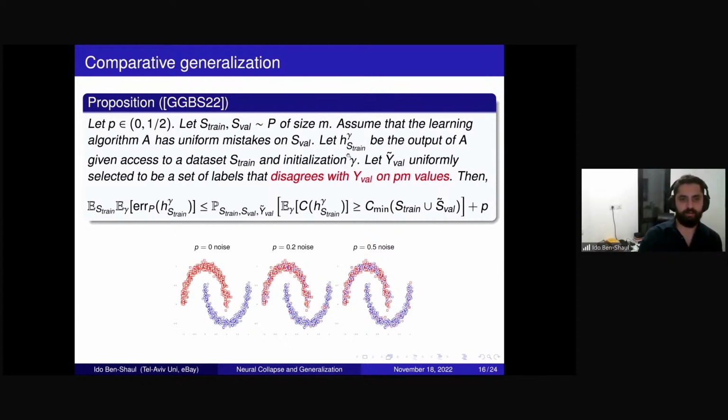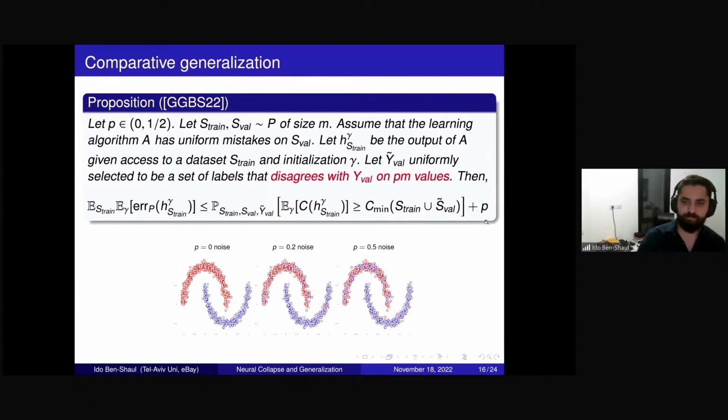And let's say we train a classifier on the training set with gamma initialization. We define y validation tilde to be the validation labels when we corrupt pm of them. So if p is equal to 0.2, we're going to corrupt 1/5 of them. Then we can present our bound. In expectation, the error of this classifier on the distribution is bounded by these two terms.